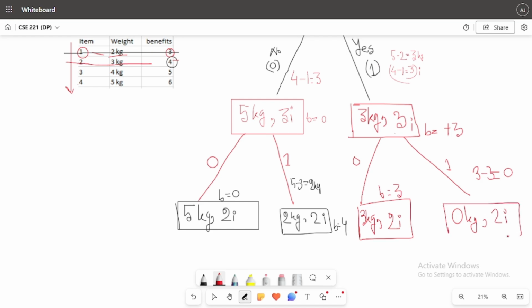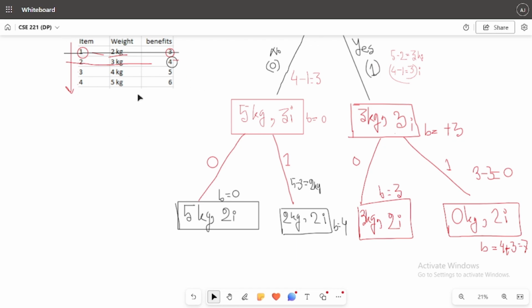Now what will be our benefits? Our benefits will be 7. Why? Because for item number 2 the benefits is 4 and previous benefits is 3, so b is equal to 4 plus 3, 7. Okay, done.